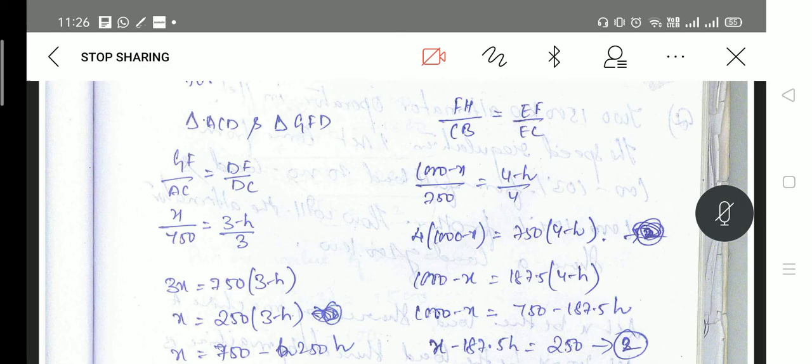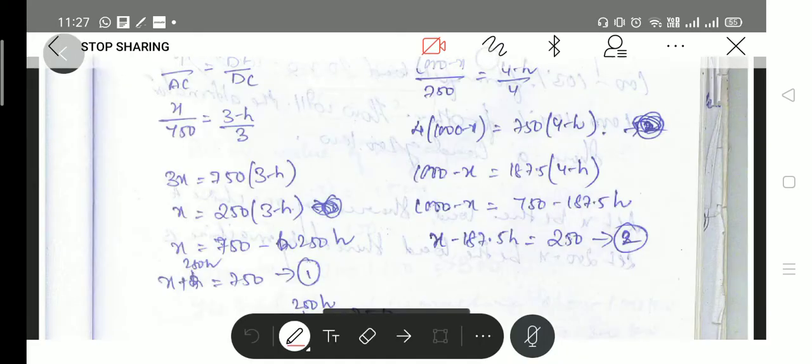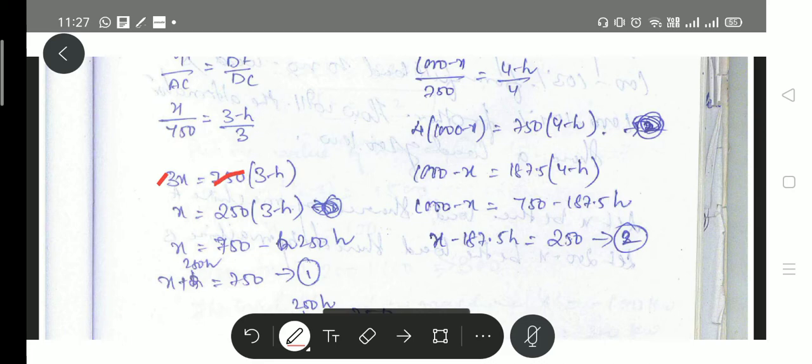After cross multiplication, we will get 3X is equal to 750 into 3 minus H. Dividing by 3, 750 by 3 is 250.